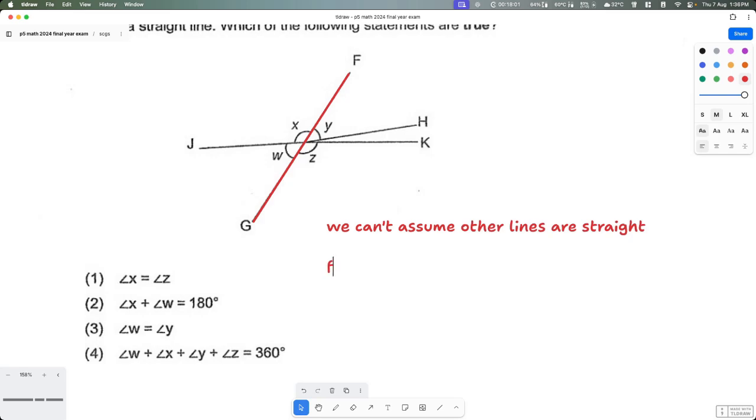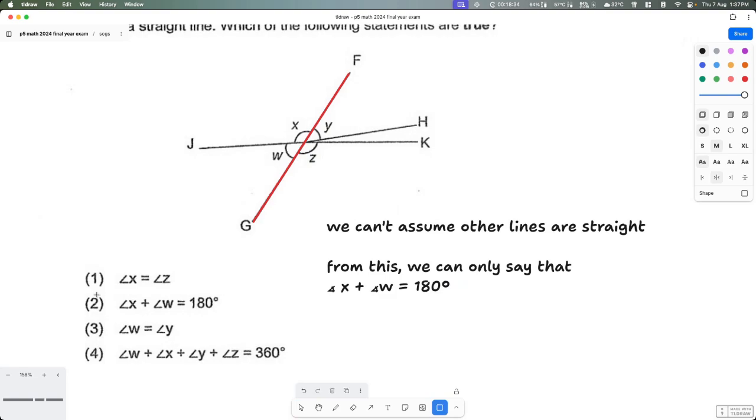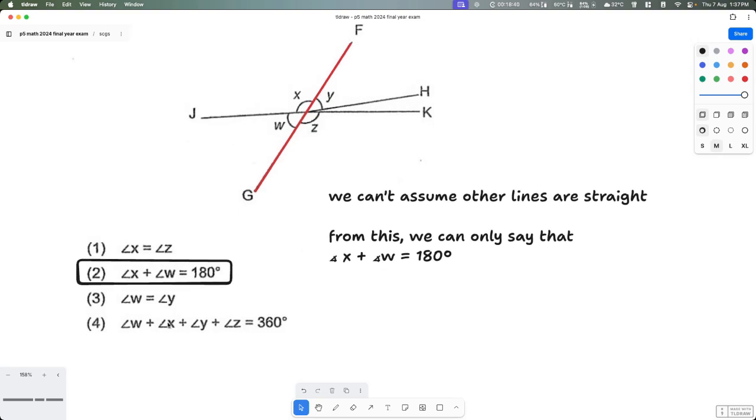Okay. From this, we can only say that the straight line is angle x plus angle w equal to 180 degrees. Okay, like that. There you go. Right, we cannot say w is equal to y, then w, x, y, and z.